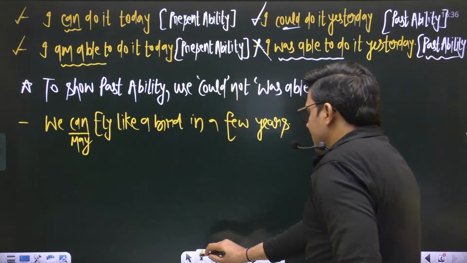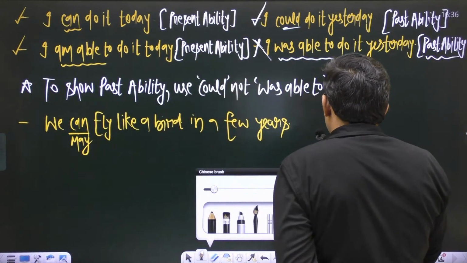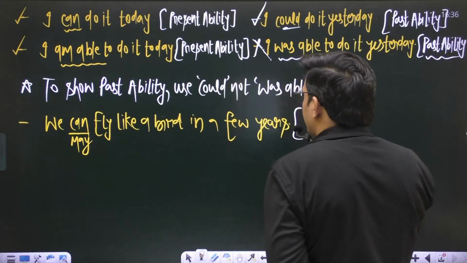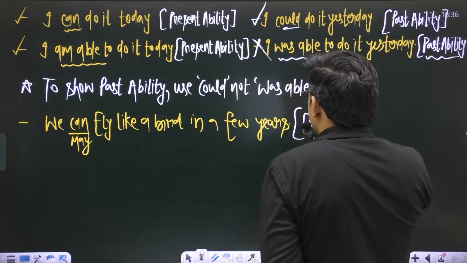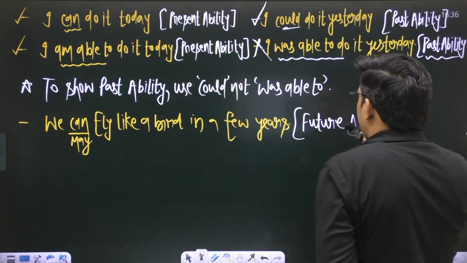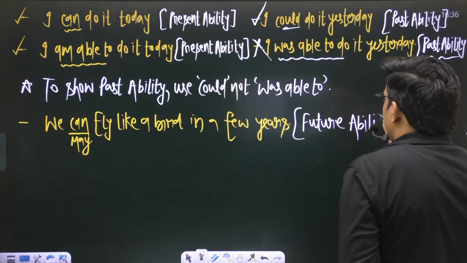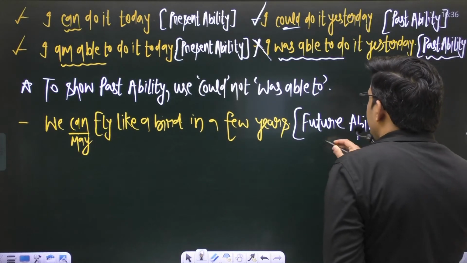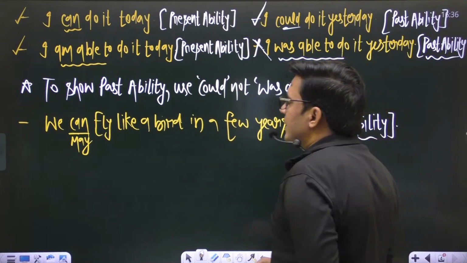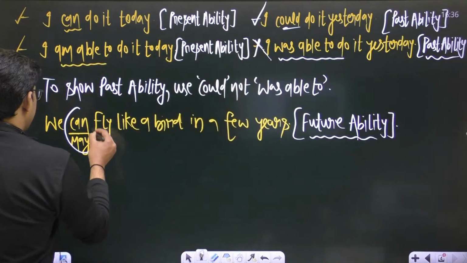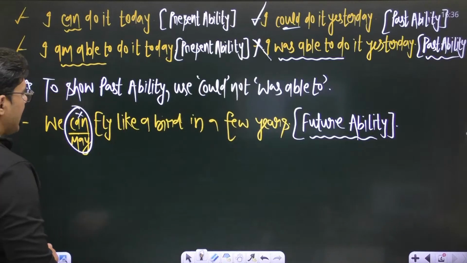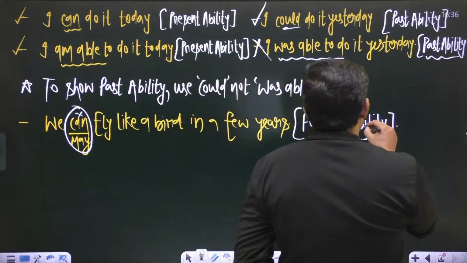Okay, make sure, this sentence is about future ability, right? And whenever we talk about future ability, we don't use can or may. We don't use can or may. Actually, we use shall be able to.